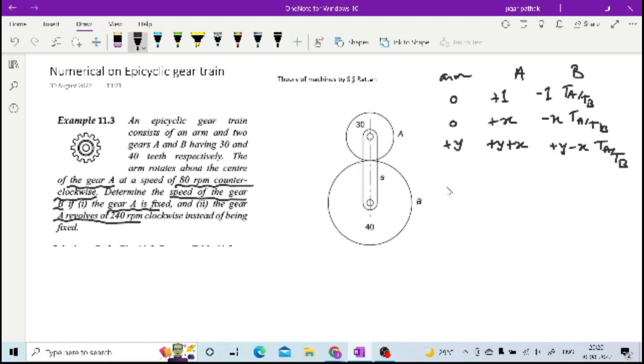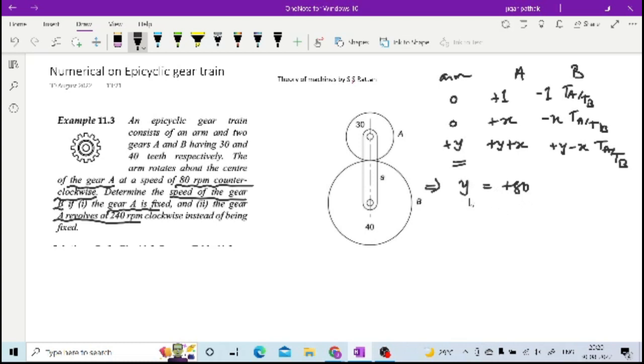Once you have this table ready, you can go and put in the different values. The arm rotates about the center of gear A at a speed of 80 rpm counterclockwise. That is, arm speed is y, and it is plus 80 because it is counterclockwise.